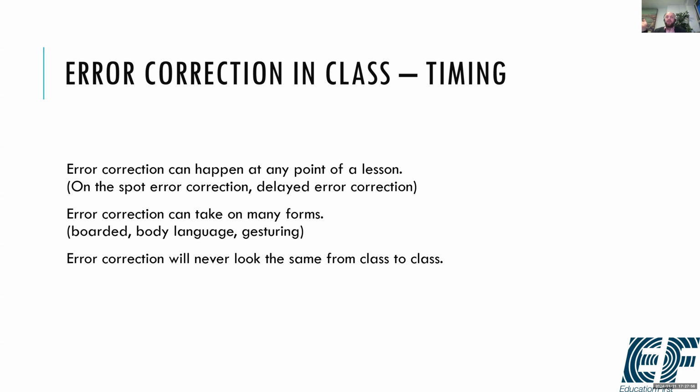Perhaps you heard a pronunciation error. So rather than saying, table, table, you've got your fingers as tools, you've got your hands as tools. Perhaps you heard an incorrect placement of stress in a sentence. So on the spot error correction, right there, right then and there.